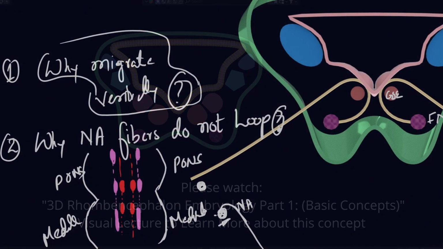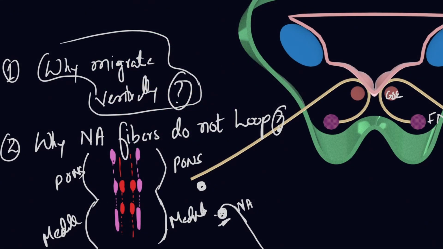The other reason might be, and I'm not sure, even some authors mention that as the reticular formation forms and lots of fibers are there, there may be a lack of space. So the lack of space might push these nuclei ventrally. But again, it's a speculative reason, and this answers our first question.